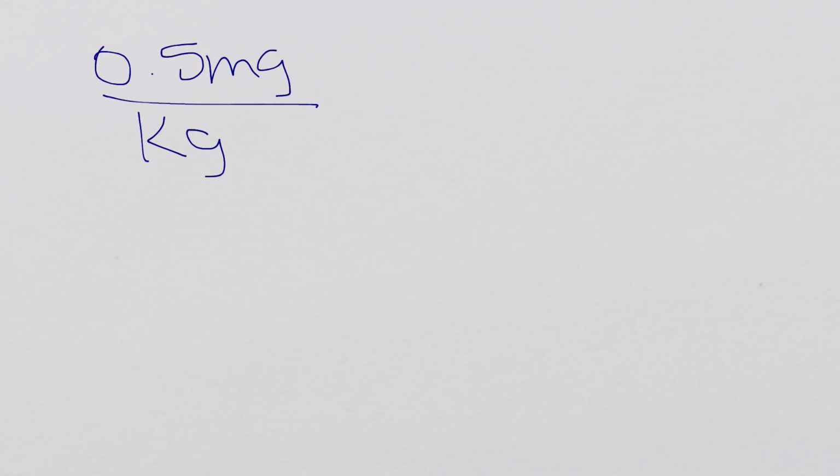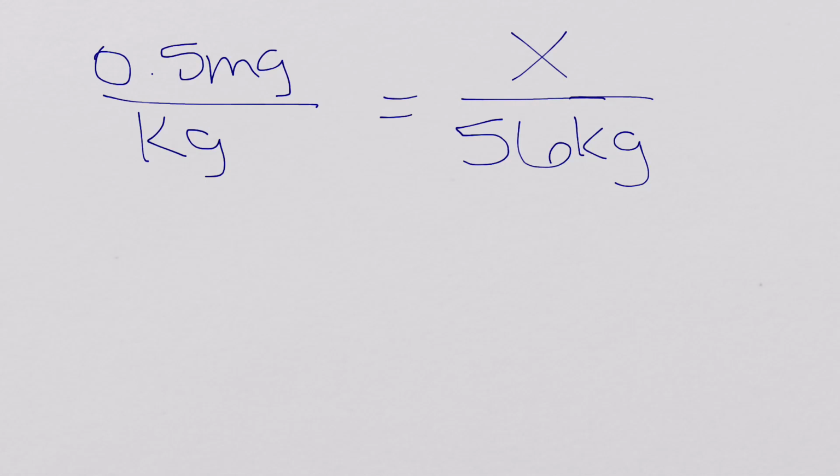The patient weighs 56 kilograms. We're just going to set these up in proportions just like we did before. It's the easiest way. So what is the dose? So then you would do the 0.5 times 56 divided by 1, because if there's no number here, then it's just assumed to be 1. And then your answer would be 28 milligrams.